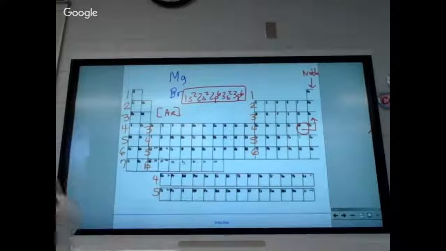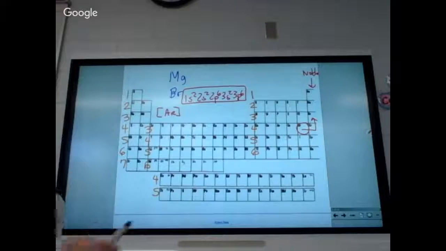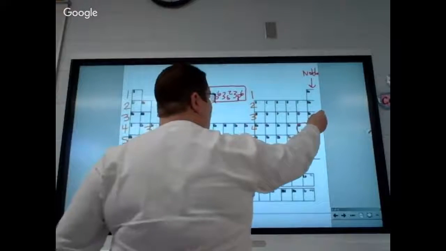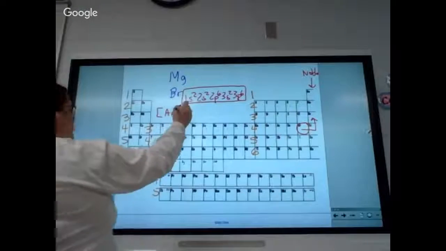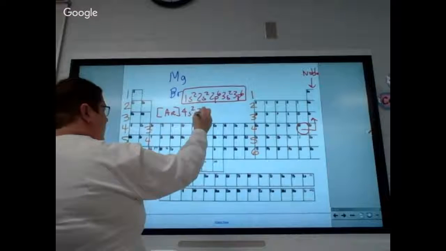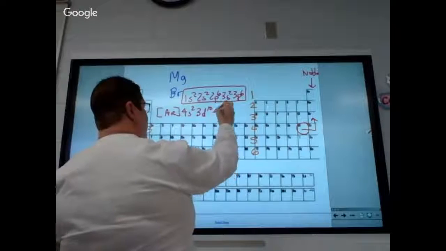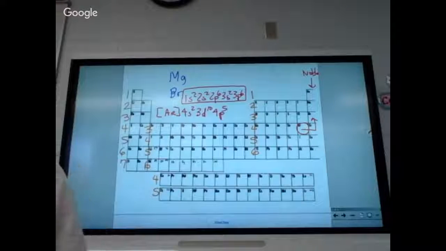Now, we're writing everything after that. So what comes after the argon? You write 4s2, 3d10, 4p5. That's shorthand. Does that make sense? Yes.